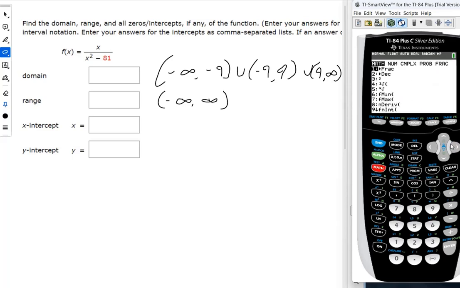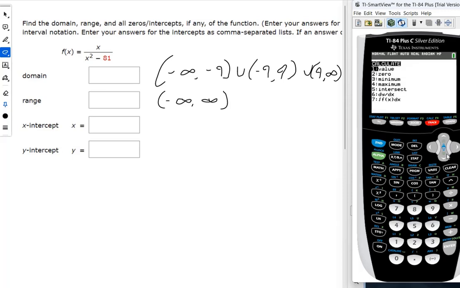Let's see if it's in math. I don't see it here. Second calc, I think is what it was.